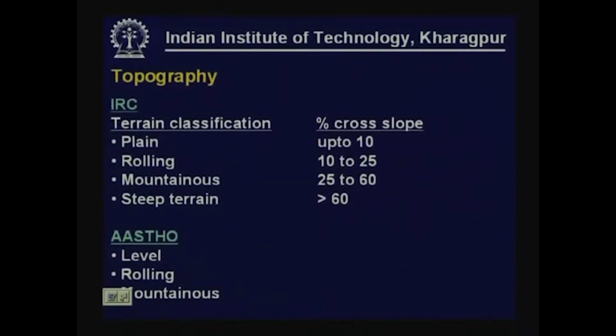Now, we have already discussed earlier about the topography classification. Indian Roads Congress uses 4 types of terrain classification, namely plain terrain, rolling terrain, mountainous and steep terrain, and the terrain is classified based on the percentage of cross slope, that is slope approximately in the perpendicular direction of the road.